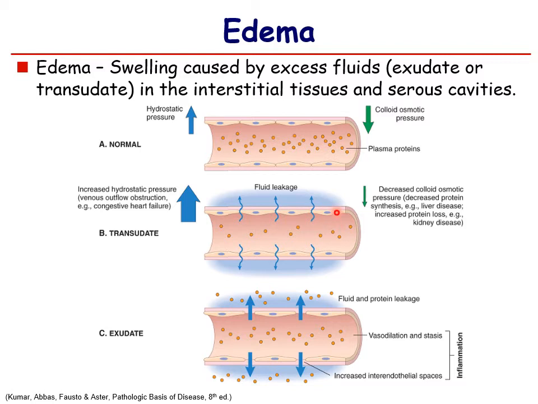In this scenario, there is no change in the vascular endothelial cells, but because of the changes in the pressure, for example, increase in hydrostatic pressure or decrease in osmotic pressure, the fluid of the blood seeps through the in-between of the vascular endothelium and is collected in the tissue.